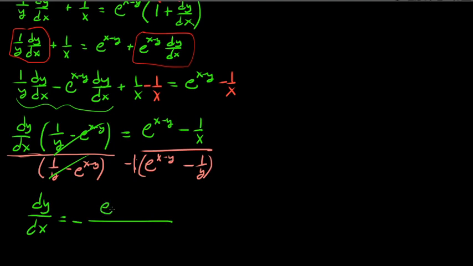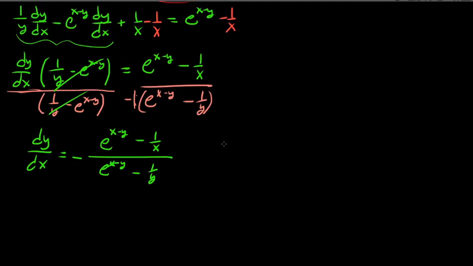It's going to be a negative fraction, e to the x minus y minus 1 over x, over e to the x minus y minus 1 over y. And, well, that's quite a mess. In fact, you have fractions within fractions, but I don't think that really matters here. If it really bothers you, you can just multiply top and bottom by xy.